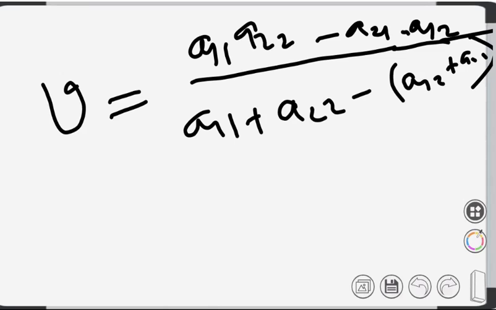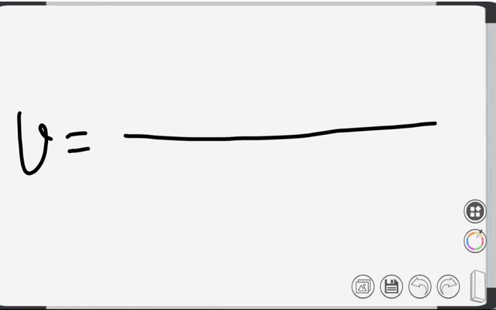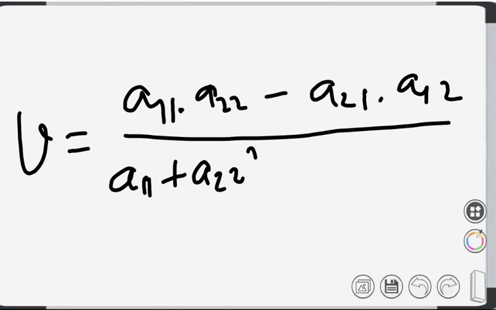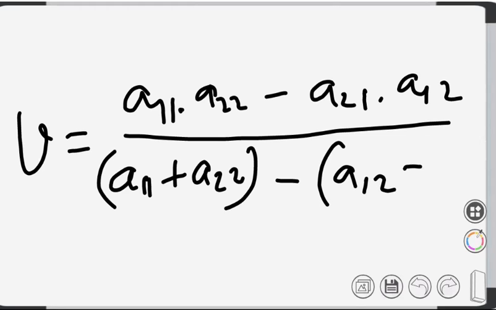I'll repeat. The numerator is A11 into A22 minus A21 into A12, and the denominator is A11 plus A22 minus A12 plus A21. That is the value of the game.